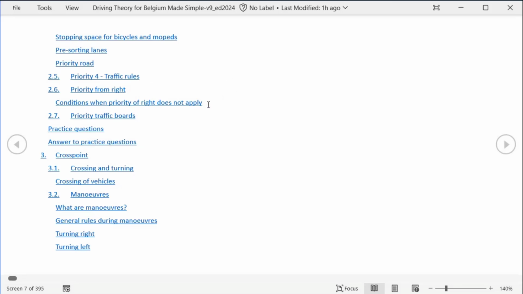And then we will also see when priority of right applies. Should you give priority, should you follow priority of right under a specific situation, or should you not follow priority of right? Do you have priority? Does the other driver have priority? These are the things we will discuss in this topic.